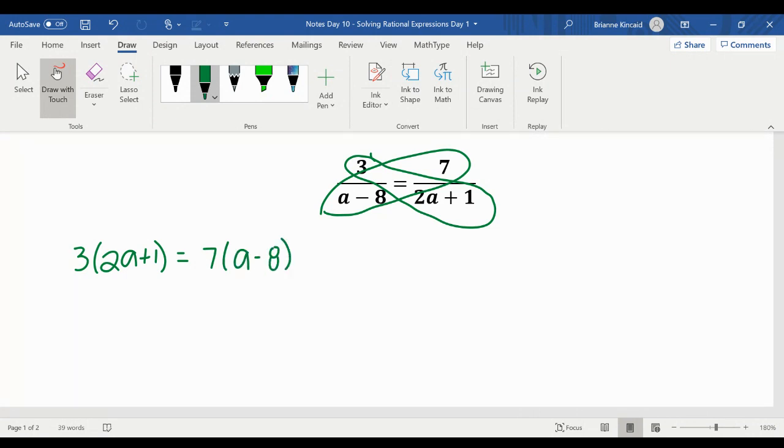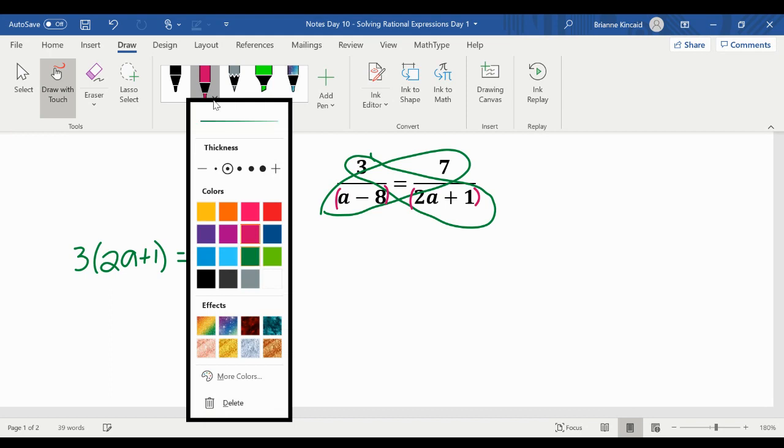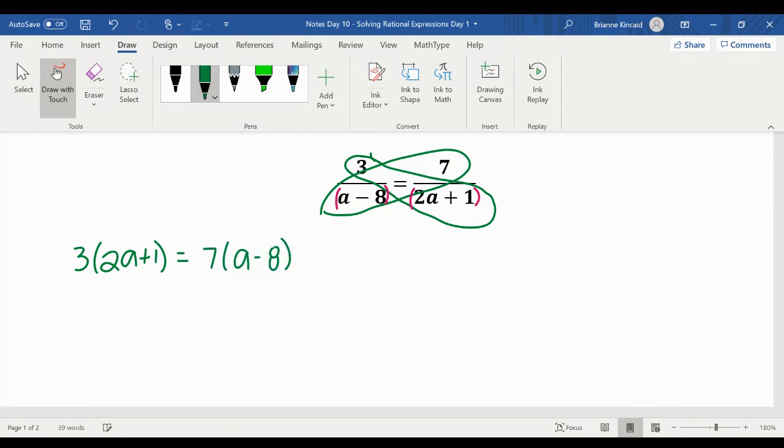And you'll notice as I do these, I oftentimes put parentheses either at this step or at the very beginning to remind myself to make sure that I'm fully distributing and correctly multiplying here. So when I do this, I'm going to get 6a plus 3 equals 7a minus 56.